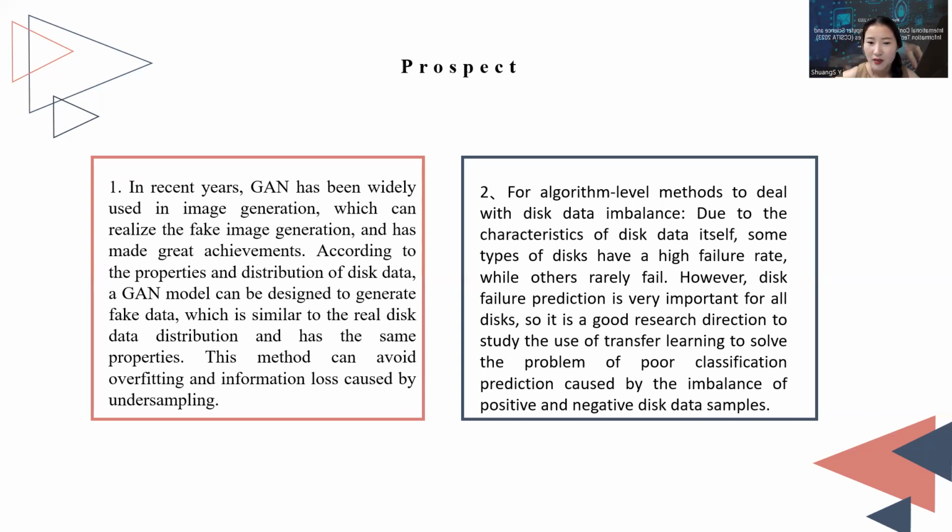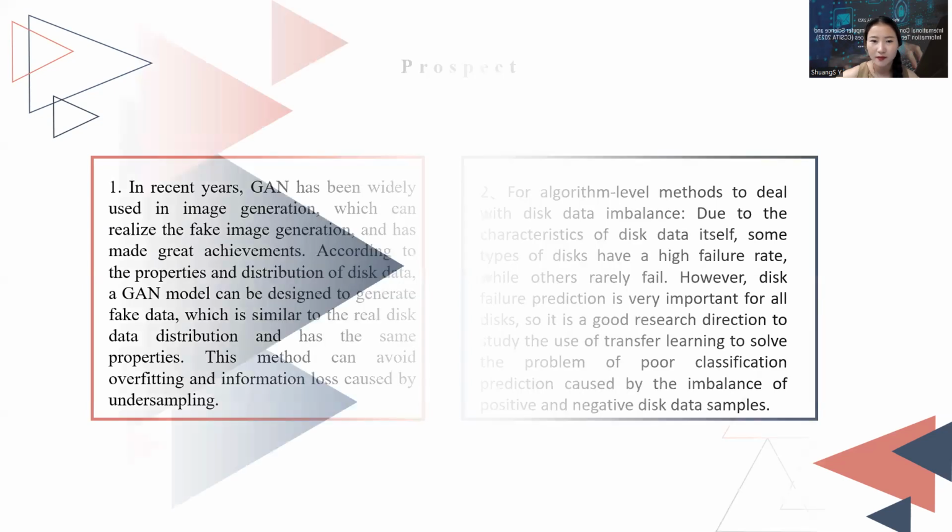However, disk failure prediction is very important for all disks. So it is a good research direction to study the use of transfer learning to solve the problem of poor classification prediction caused by the imbalance of positive and negative disk data samples.